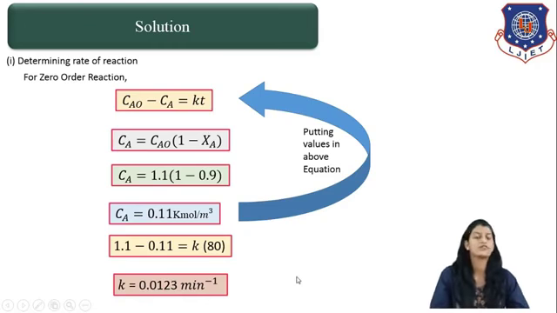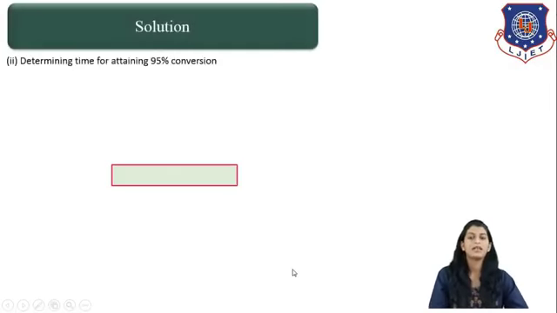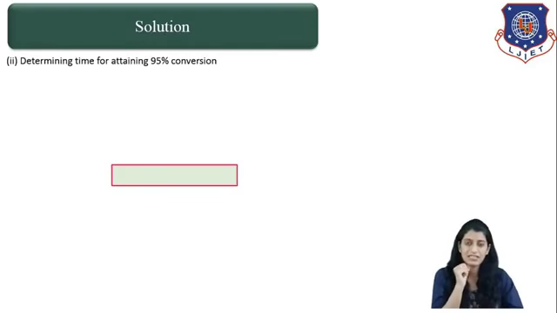Right. So first part of the numerical has been solved. Now coming to the second part. In second part, we are asked to determine what will be the time required to attain 95% conversion. Right. So let us start this problem.